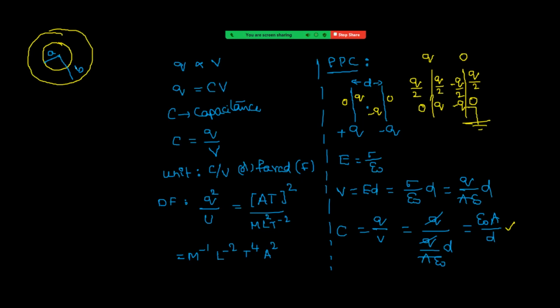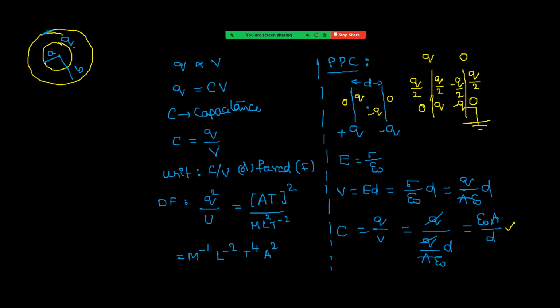If you remember, there is a potential difference between the conductors only if there is a charge on the inner one, right? If you are giving charge to the outer one, there is no potential difference. Potential difference is only because of the inner charge.